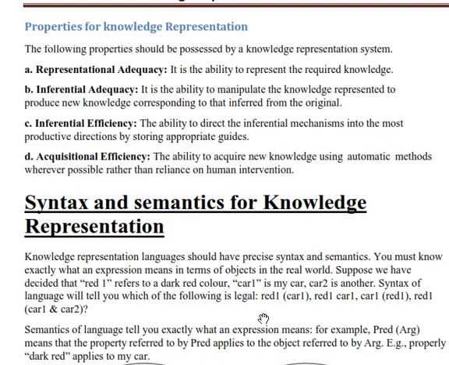Suppose we have decided that red1 refers to the dark red color, car1 is my car, and car2 is another. So the syntax of the language will tell you which of the following is legal, that means red1 or car1. They are different ways it is being written over here. So the syntax of the language tells you exactly what an expression means.